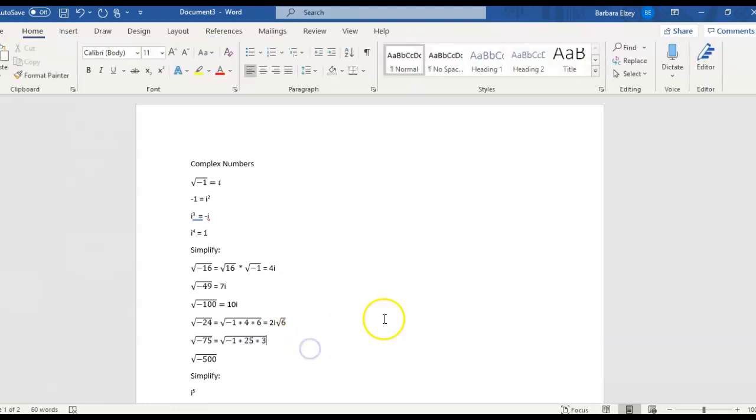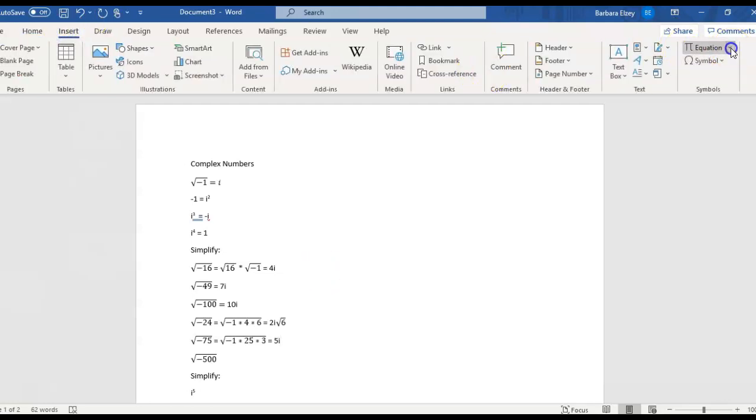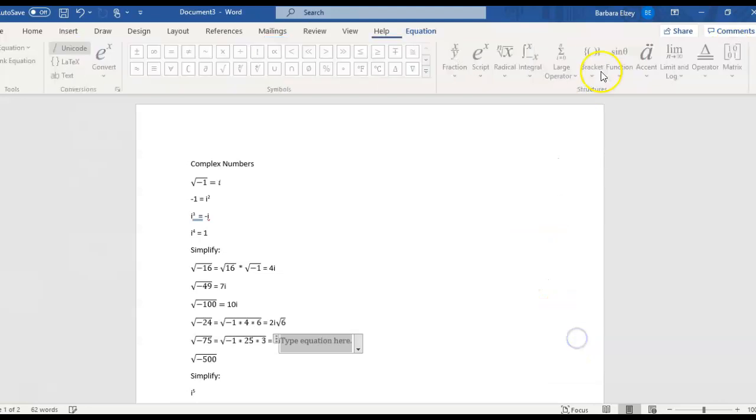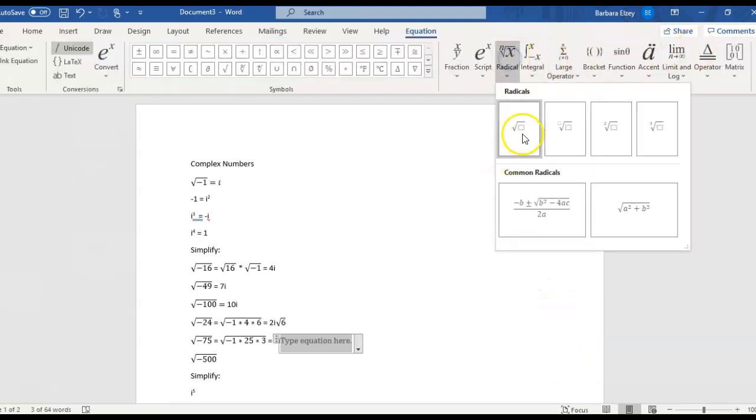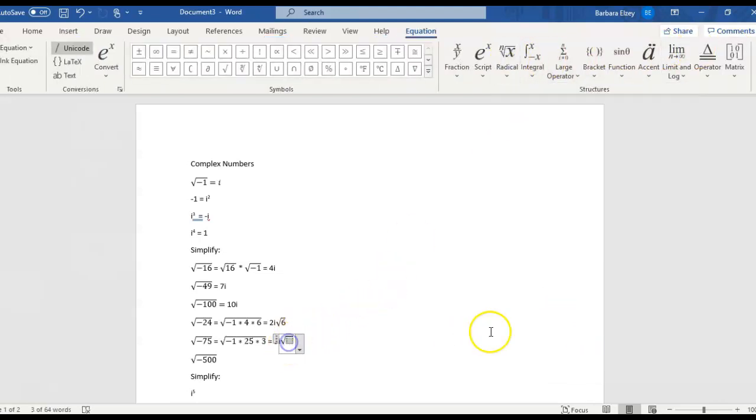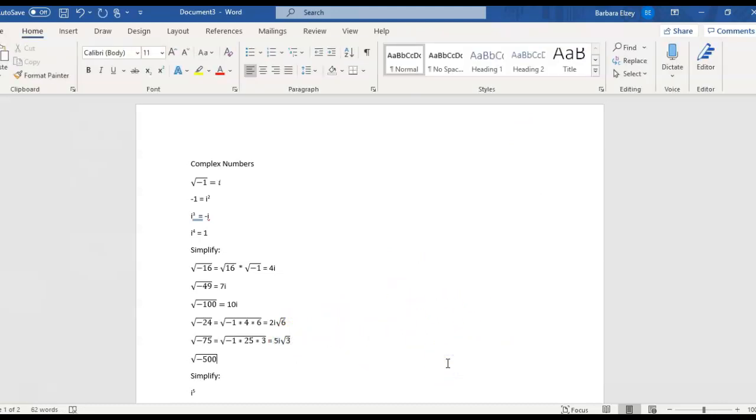All right, so now let's work that out. Well, we know the 25, its square root is 5. We're going to write i for the -1 square root. And then the 3 is going to be stuck underneath that radical still. So we get 5i square root of 3.